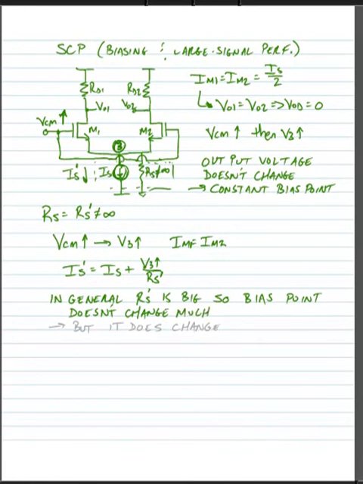But we have to note that the bias point would indeed change a little bit. One other thing that we should note is that it's getting harder in scaled CMOS to make these current sources with very high impedances. So what we can say is, as we scale technology down to smaller and smaller transistors, this is becoming less and less true. In other words, the bias point does change a bit.